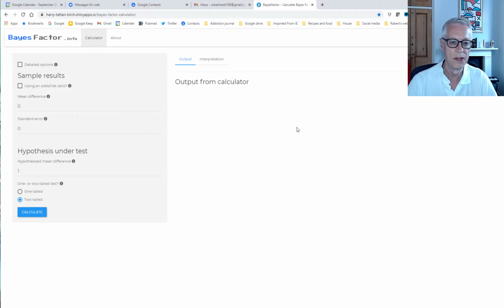Now, you can't conclude that unless you calculate a Bayes factor, in which case you can assess evidence for the null versus the experimental hypothesis.